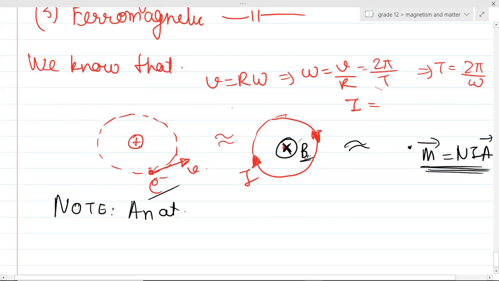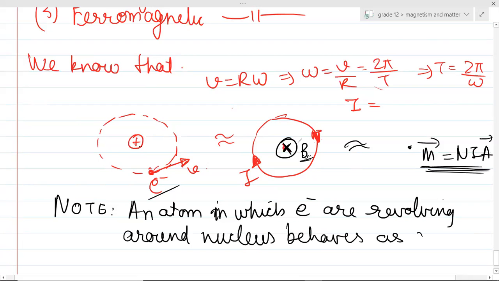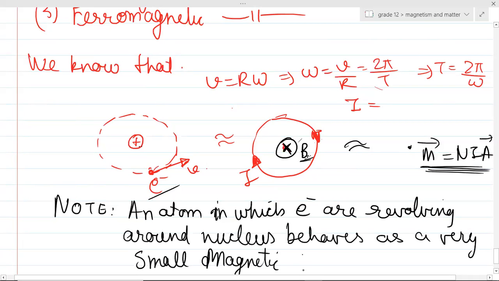An atom in which electrons are revolving around the nucleus behaves as a very small magnetic dipole. Does everyone know this concept? Say yes. Yes.